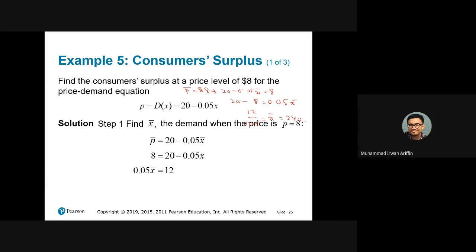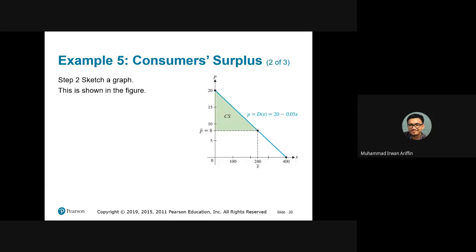Now, if we draw this graph, it is linear. From 0 to 240, which is what we solved before, and this is 8. We want to find this area, the consumer surplus, CS. It's good to sketch the graph so that you know which area is the consumer surplus.